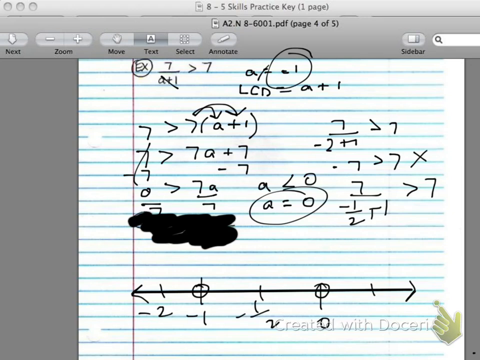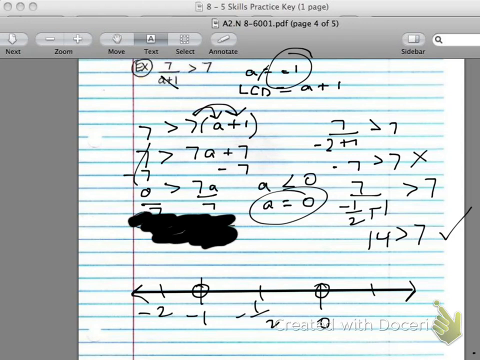What is 7 divided by -1/2 plus 1? 14. -1/2 plus 1 is 1/2. 7 divided by 1/2 is 14. So is 14 greater than 7? Yes. So 14 is greater than 7, so that is a true statement.